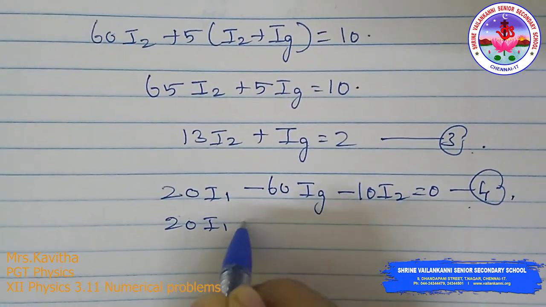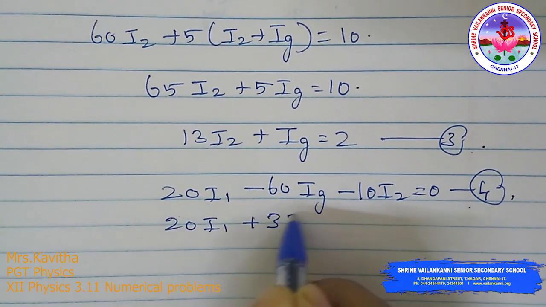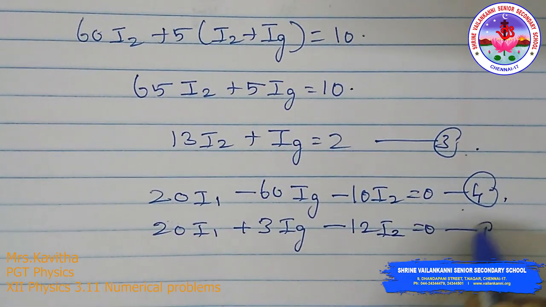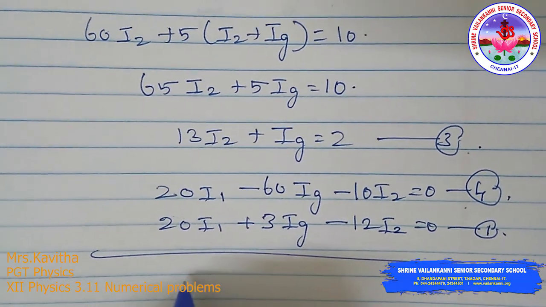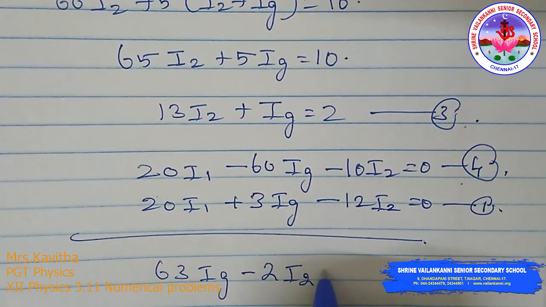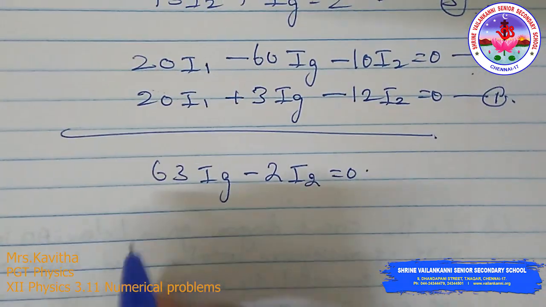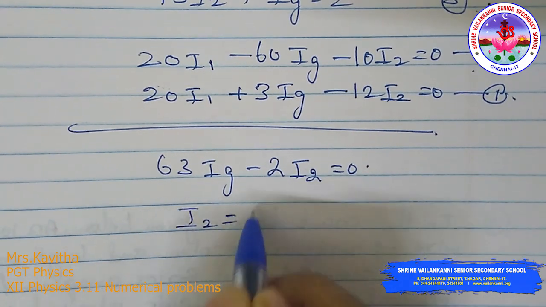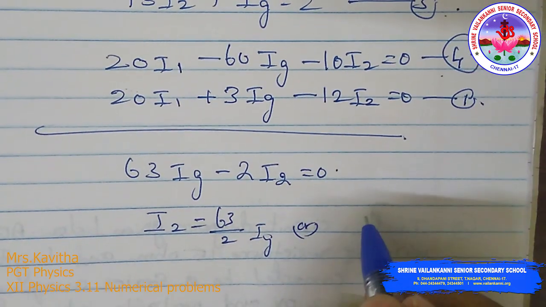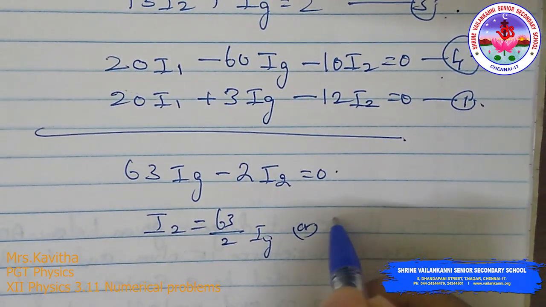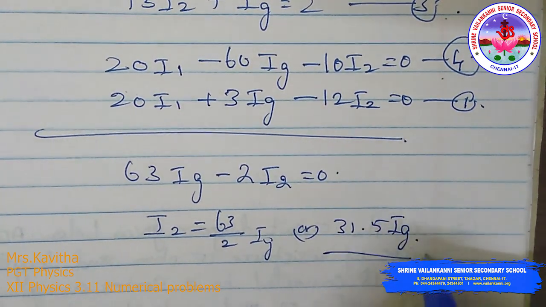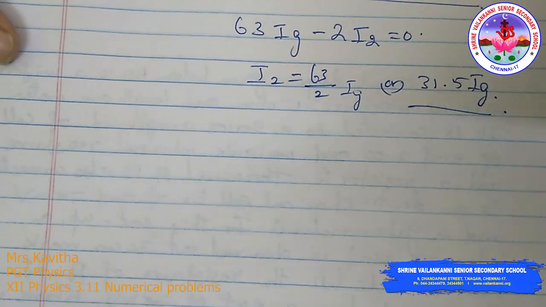The first equation is 20 I1 plus 3 Ig minus 12 I2 equal to 0. By resolving these, we get 63 Ig minus 2 I2 equal to 0. Then I2 equals 63 by 2 Ig, or 31.5 Ig.